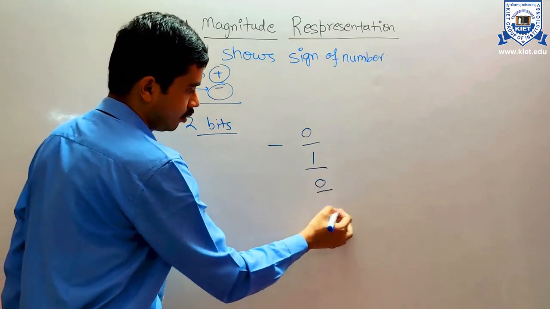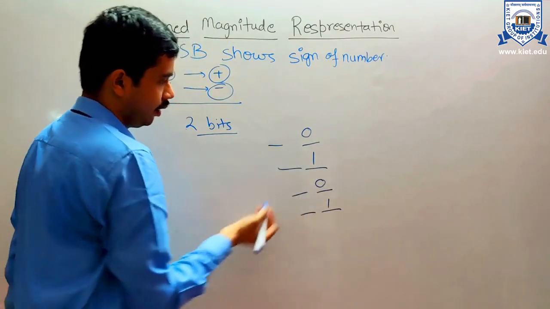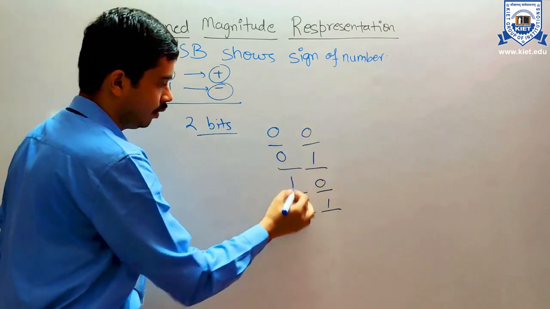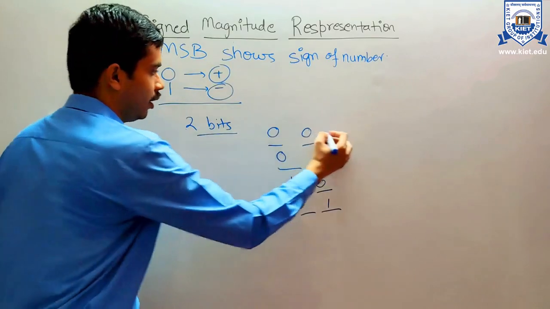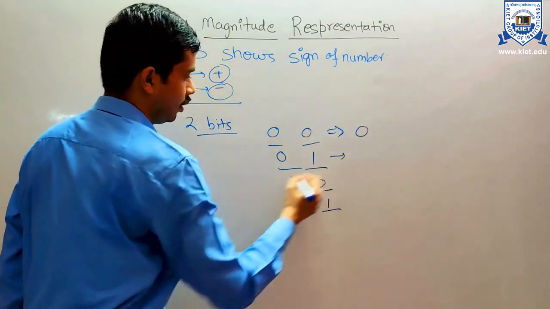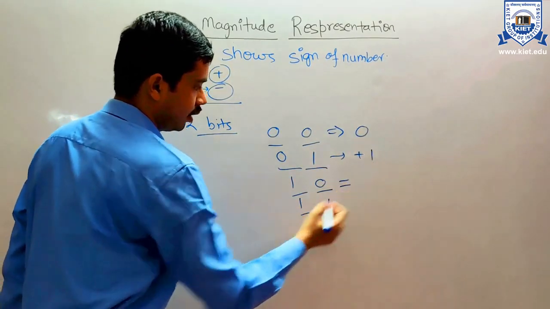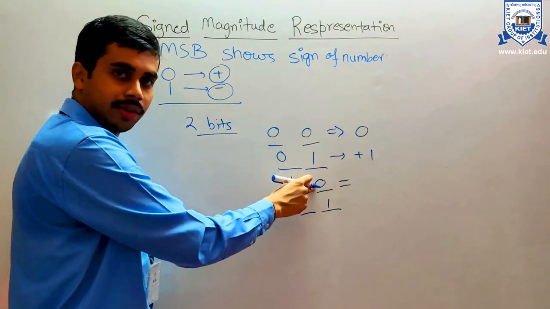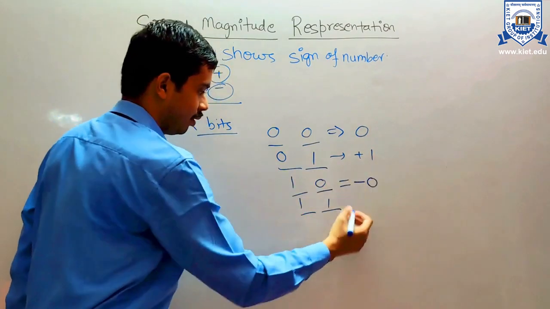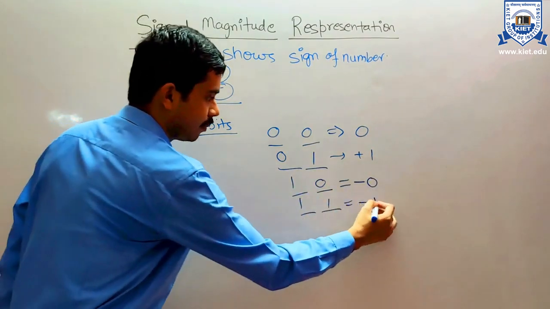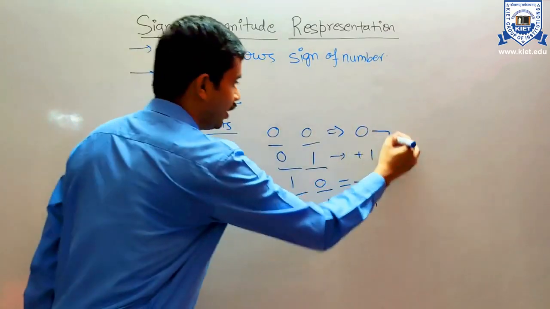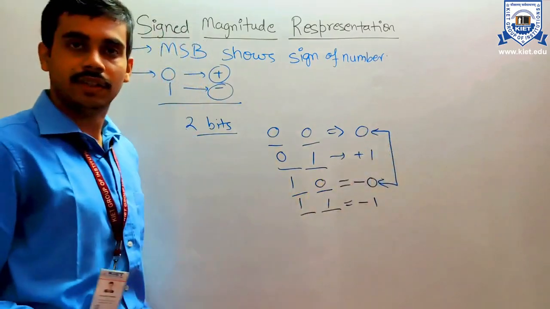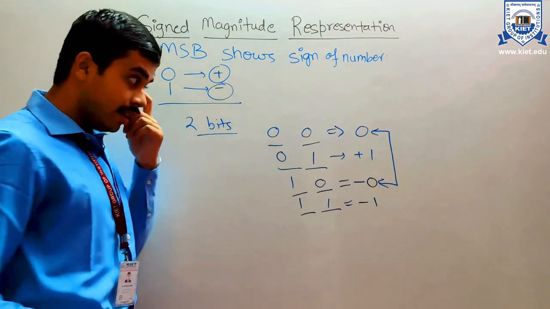Similarly, we can have 4 possible outcomes: 00, 01, 10, 11. It will show 0, plus 1, then the sign is minus and the magnitude is 0, meaning minus 0, and then minus 1. So it is a drawback, because 0 and minus 0 are different in this number system.